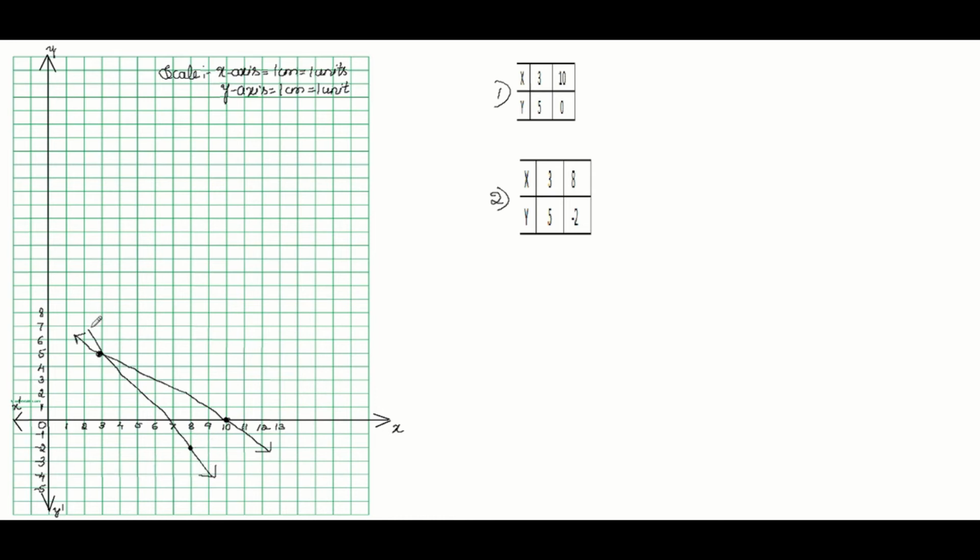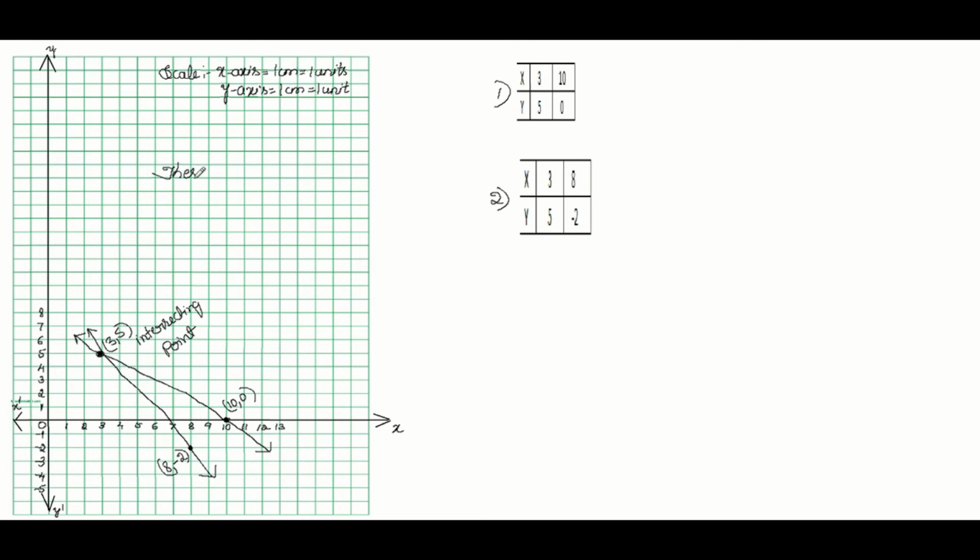Okay. So this point and this one. Right. So this 3 comma 5 is the intersecting point. Okay. So this is the intersecting point, and this point is 10 comma 0 and this point is 8 comma minus 2. So this is an intersecting graph.